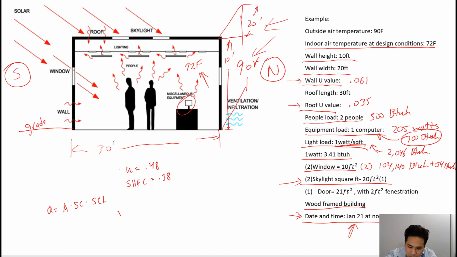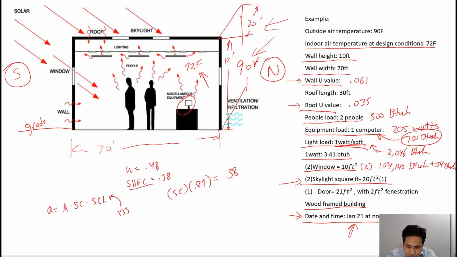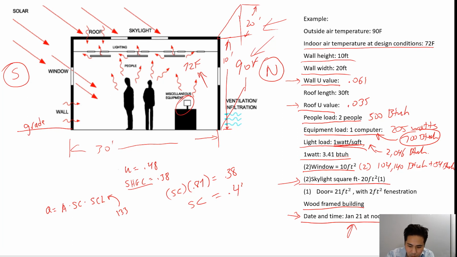And SC times 0.87 is equal to 0.38, which is the solar heat gain coefficient, which was this formula here. To get SC, the value is going to be 0.44.